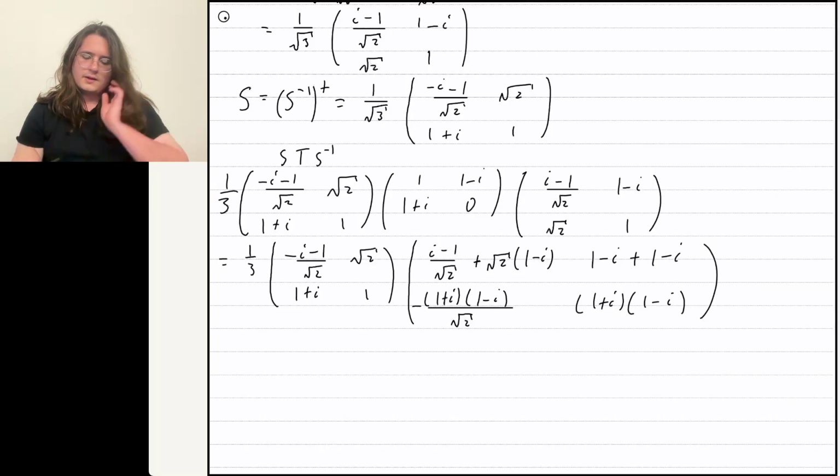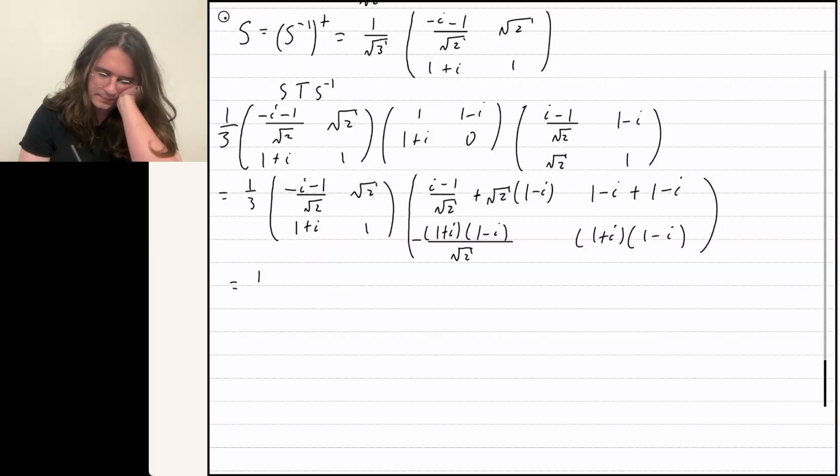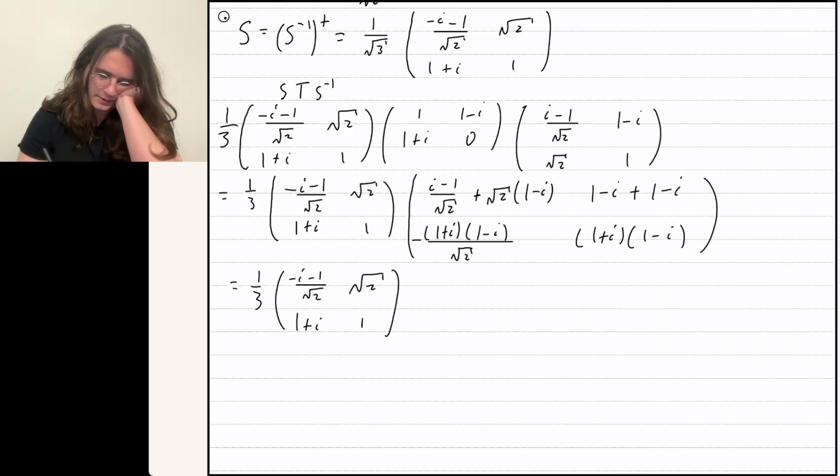Okay. Beautiful. I'm going to simplify the matrix on the right before we move on into multiplying the other matrix through, because it is looking really complicated right now.